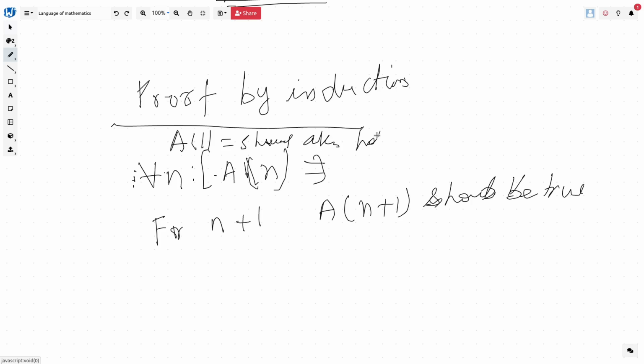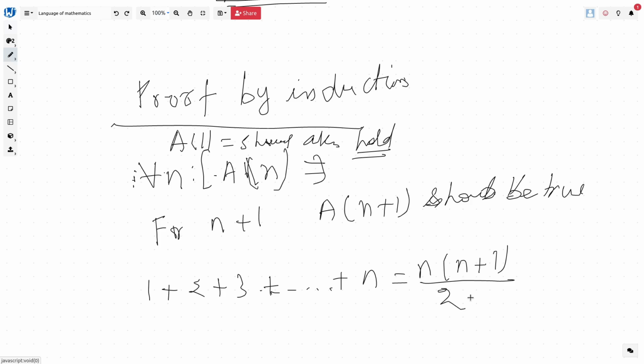So let's take an example. If we have to find the sum of the first n successive numbers, so this will be 1 plus 2 plus 3 plus up to n, and we say that we know that this is equal to this. Now how are we going to prove this?